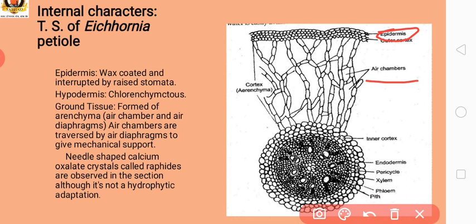Air chambers are traversed by air diaphragms, and the function of the air chambers is mechanical support. Just below the epidermis and air chambers, the inner cortex is present, with two to three layers. Then the endodermis as well as the pericycle are present, and xylem and phloem are also present.